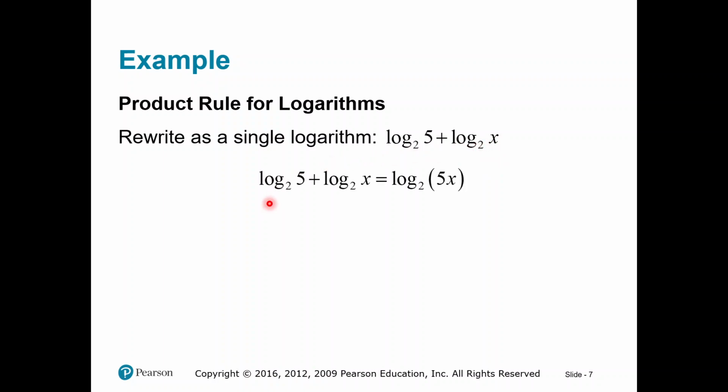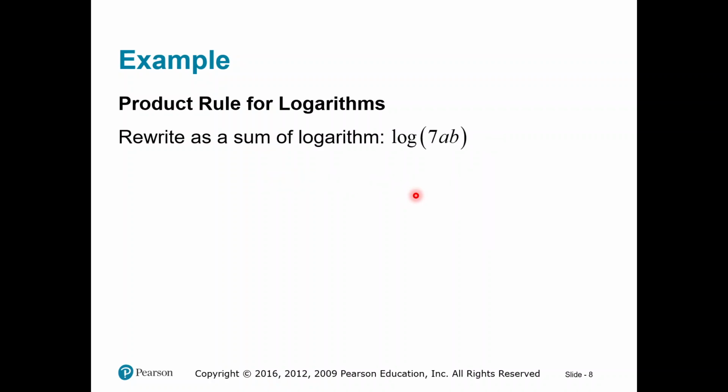We can use the product rule, saying that I have 5 times x in one log base 2. Another example, log of 7ab. 7ab means you take 7 times a times b. So therefore, the log of 7ab is the log of 7 plus the log of a plus the log of b.